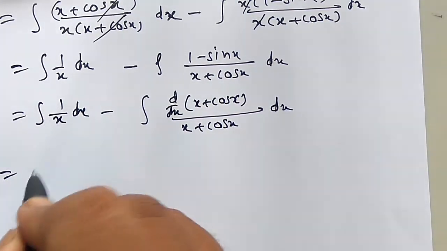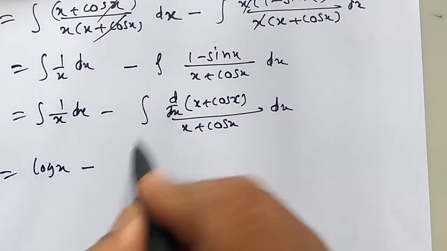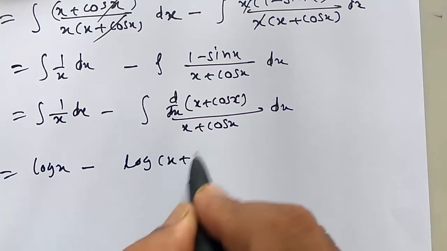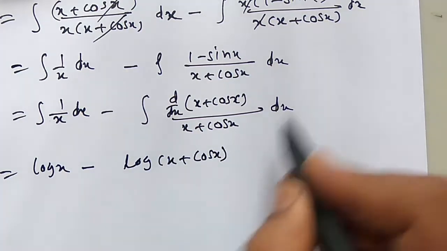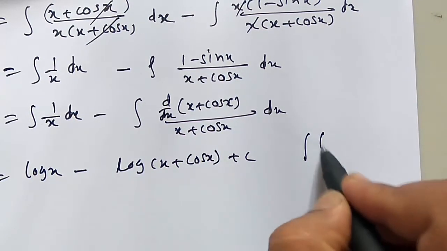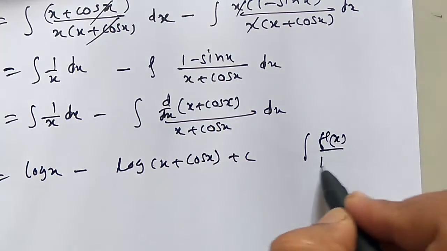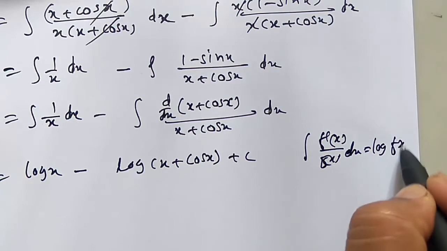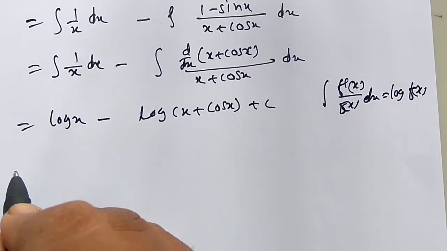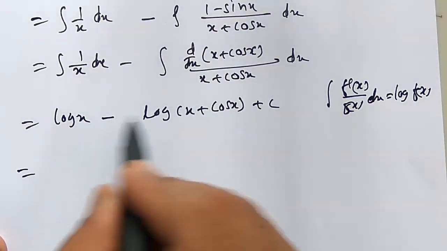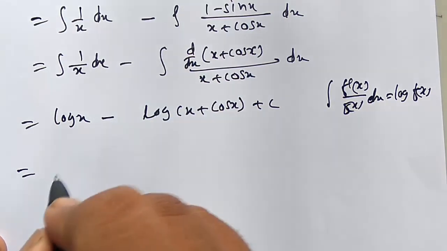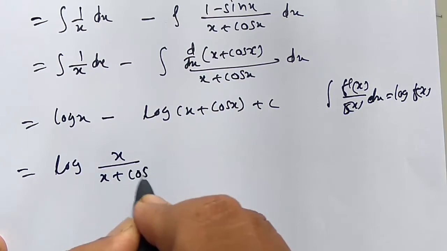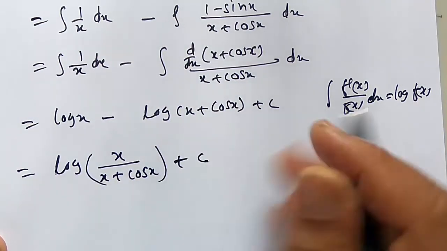The integration of this is log x, minus the integration of this is log of x plus cos x plus c, using the formula f dash of x upon f of x dx is equal to log of f of x, and therefore this is equal to, log m minus log n is log of m upon n. So log of x upon x plus cos x. So this is the answer.